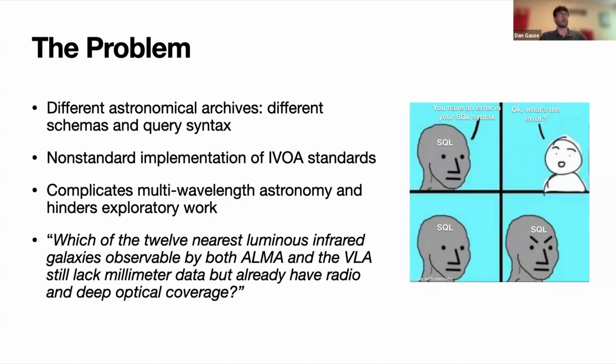And that has effects on multi-wavelength astronomy. It means that you have to have a pretty deep contextual knowledge of each of these specific archives. So it makes multi-wavelength astronomy tricky.